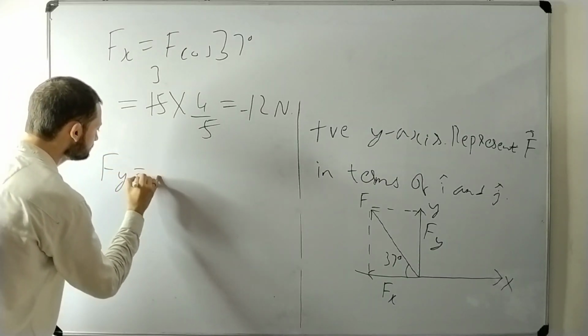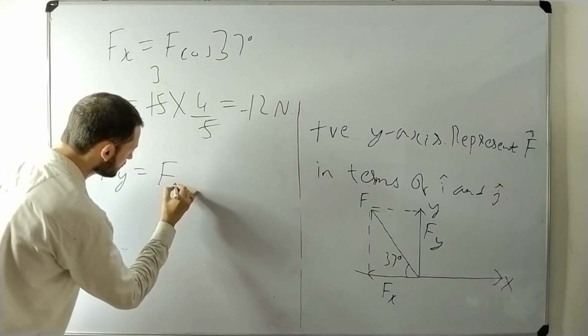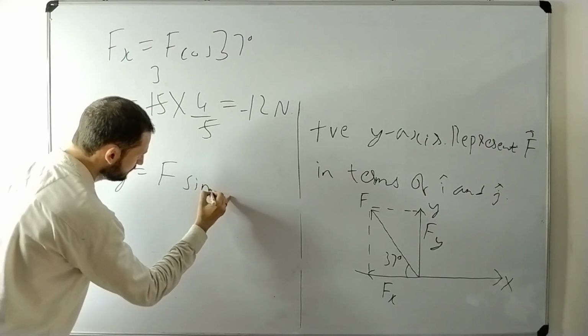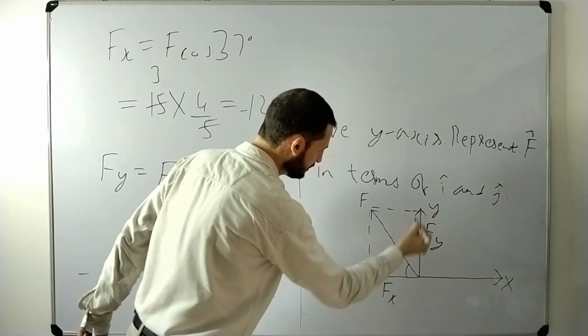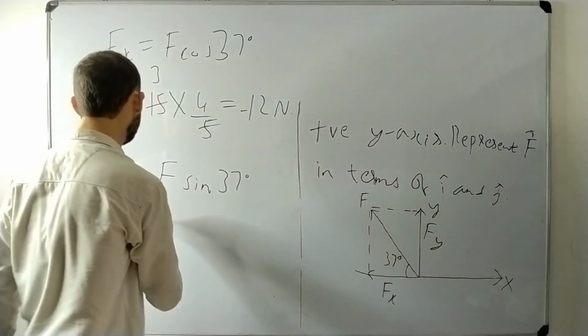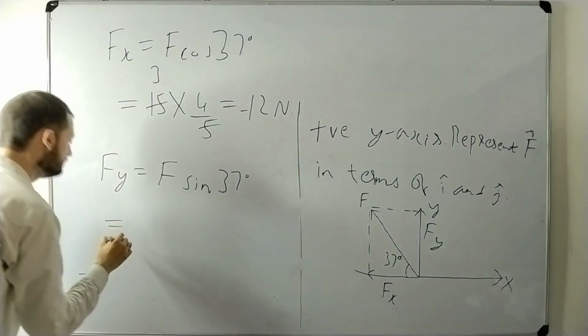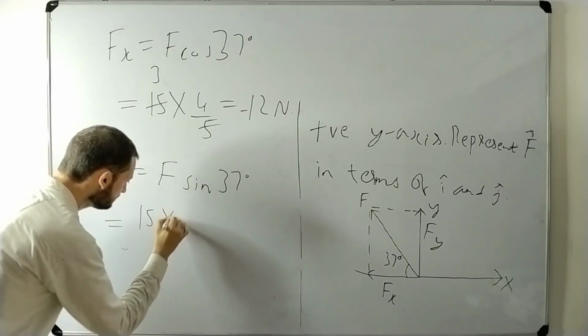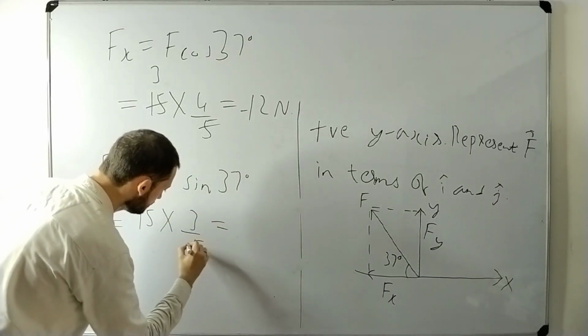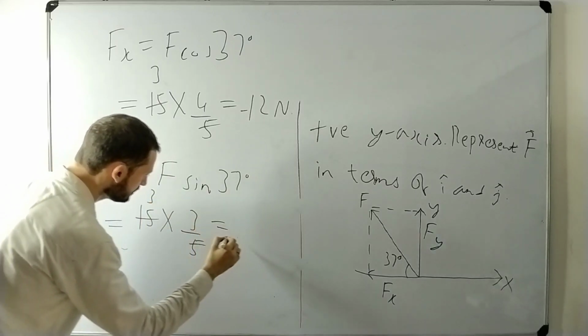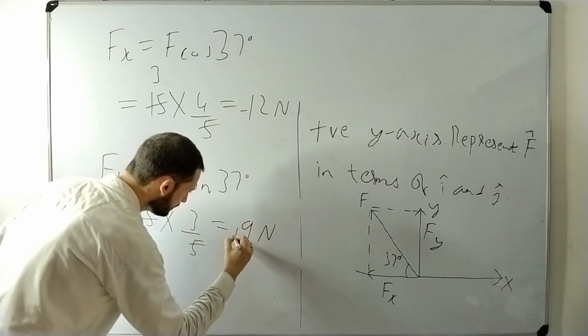Fy happens to be F sin 37. Here it is positive. So we would write again 15 Newton and sin 37 is 3 by 5, which gives us 9 Newton, that too positive.